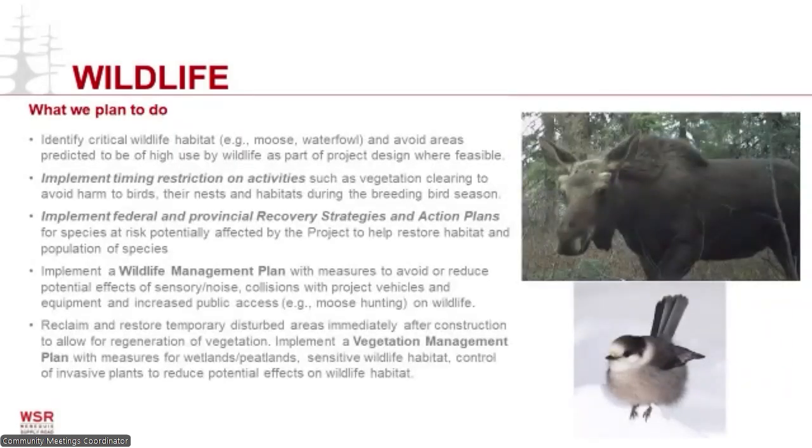To mitigate or control possible impacts, our team will identify key wildlife habitat, avoid areas frequently used, time construction activities to limit impacts, help restore habitat and population of species at risk, put wildlife and vegetation management plans into action, and restore temporarily disturbed areas immediately after construction.